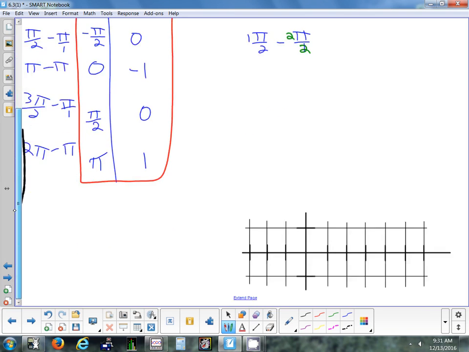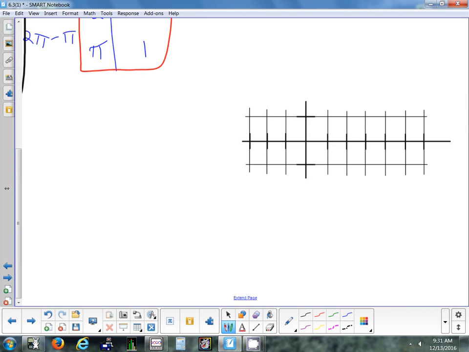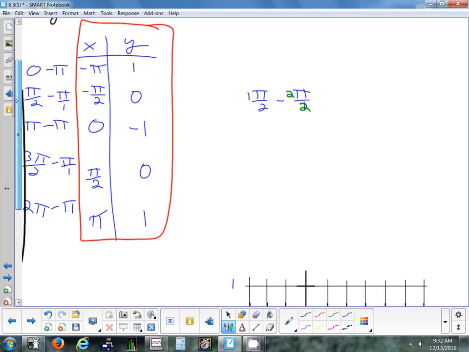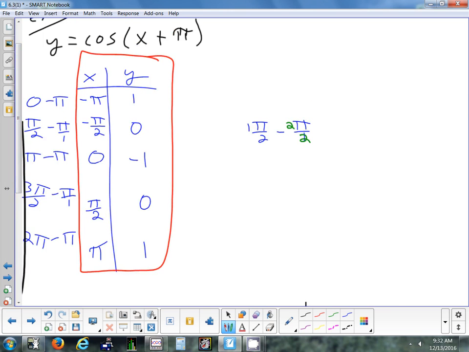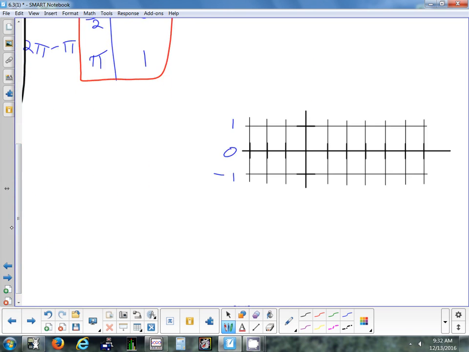All right, so let's set up our graph. Since we're not shifting up and down, we could always do 1 to -1 for now. And everything is equally spaced. Okay, they're all 90 degrees apart. So if I make that 0, I'd have to put -pi right there. -pi over 2, pi over 2, and pi.